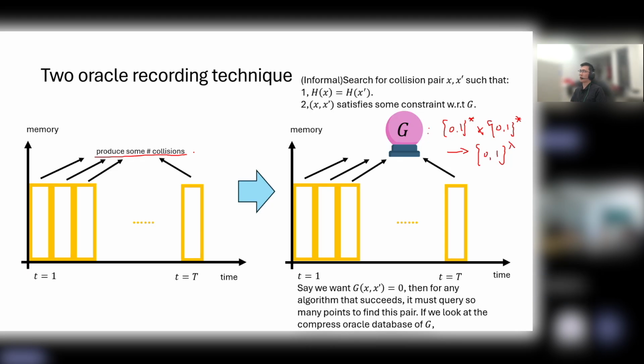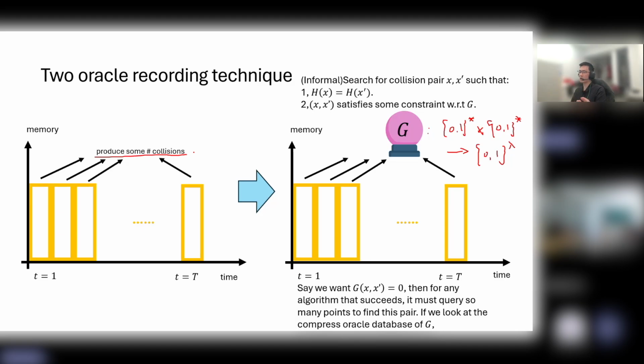Yes, partially correct. Actually, the logic is the other way around. You have this oracle, and if you take the compressed oracle view, then you are doing the exact same thing as what is done in the long output problem. Because in the long output problem, you are XORing your answer on the output register.